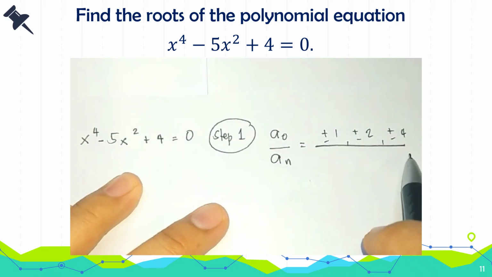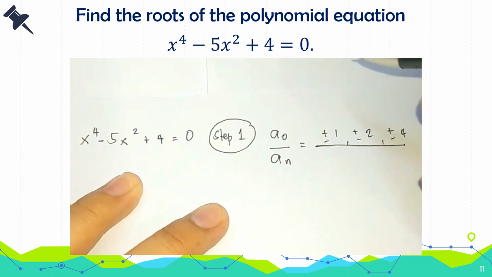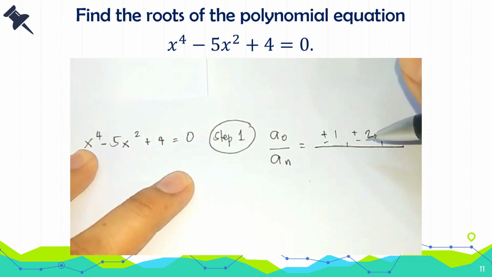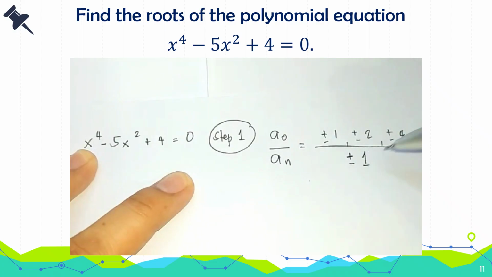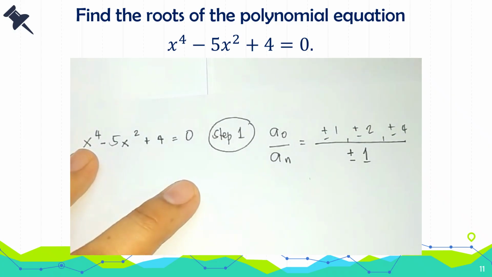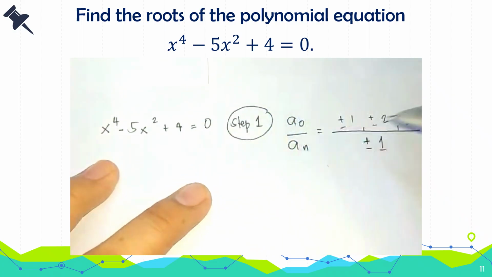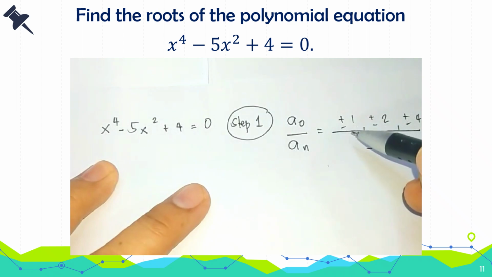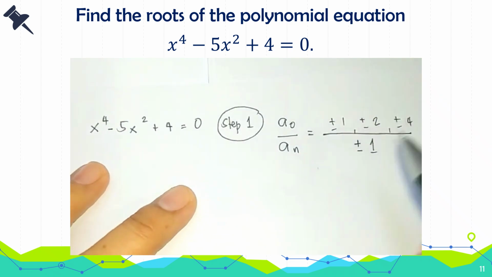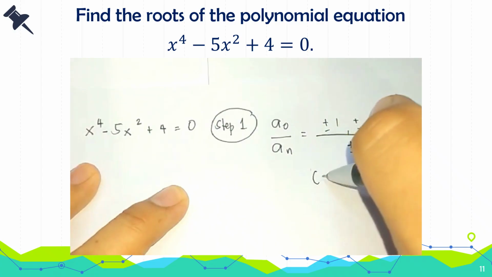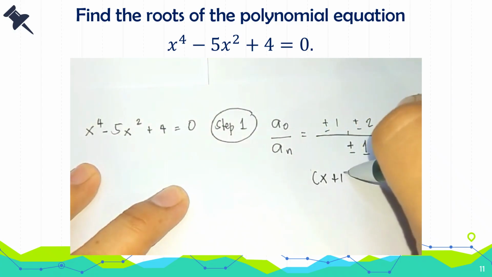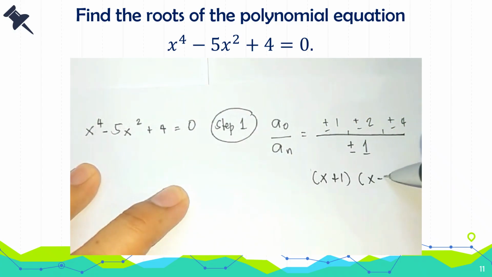Listing all the possibilities, and then for the a sub n, we will have positive negative 1. So again, we'll start and use the smallest value, that is either x plus 1 or x minus 1.